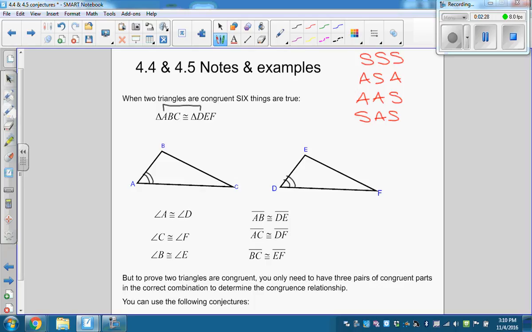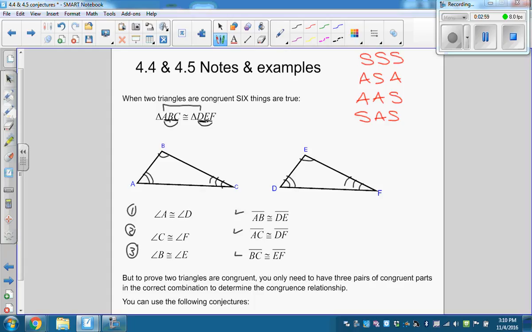And so this tells us B is congruent to E, and then C is congruent to F. So you know that these 3 things are true. And you also know that AB is congruent to DE, and then AC is congruent to DF, and then BC is congruent to EF.